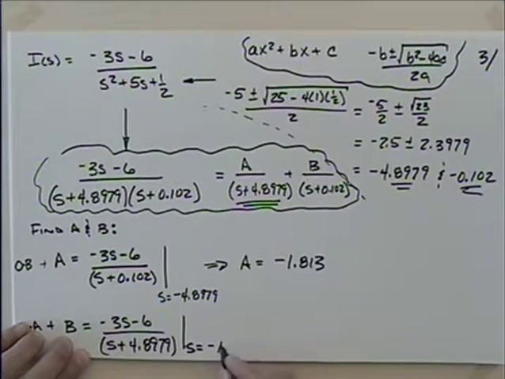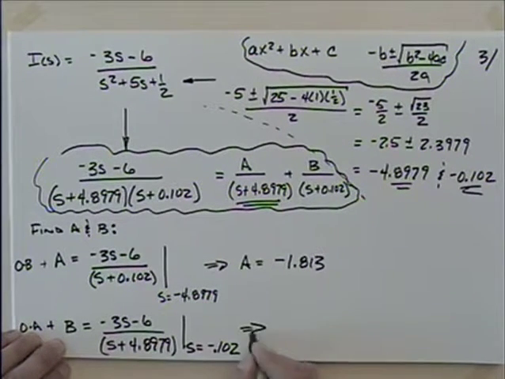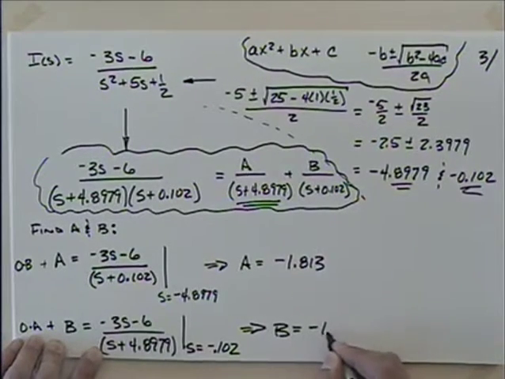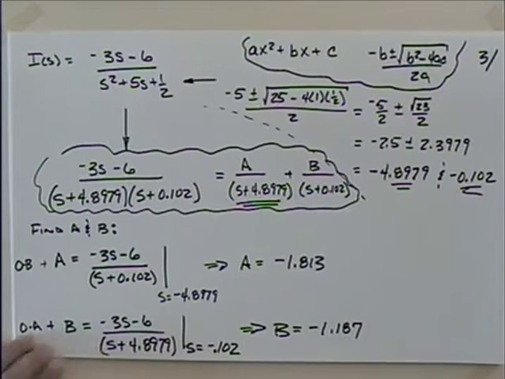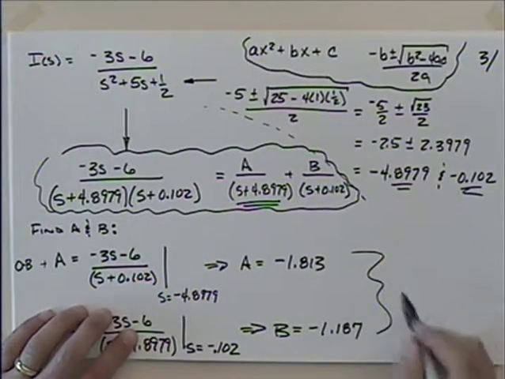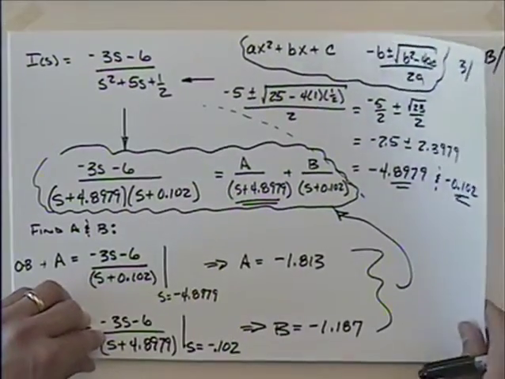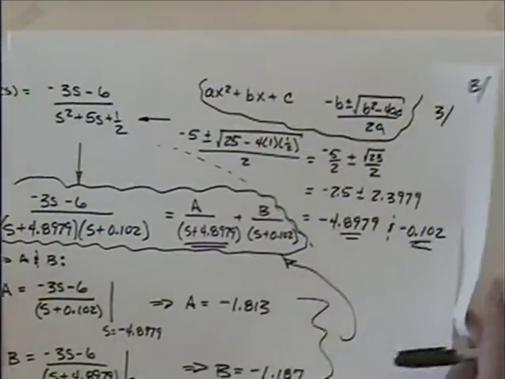Minus 0.102, is that right? So when I do that, I come up with the B, which is minus 1.187. Okay. So I'm going to take these and put those back into that form there, and let's see what that looks like. Questions of that?